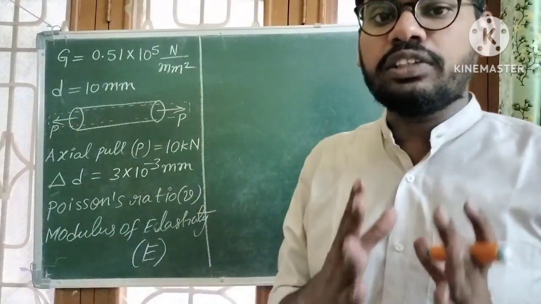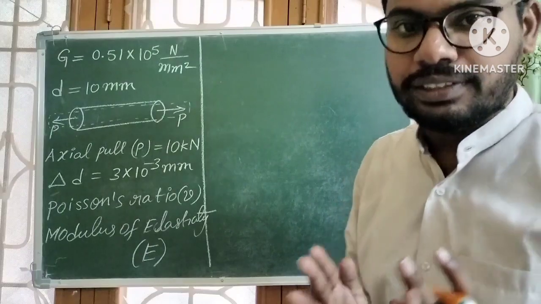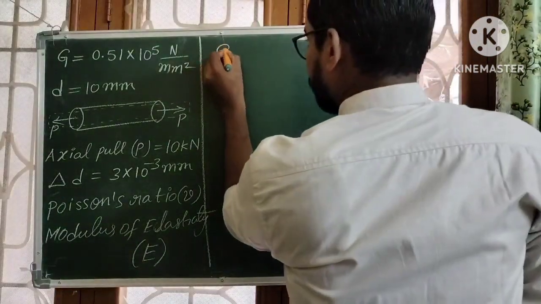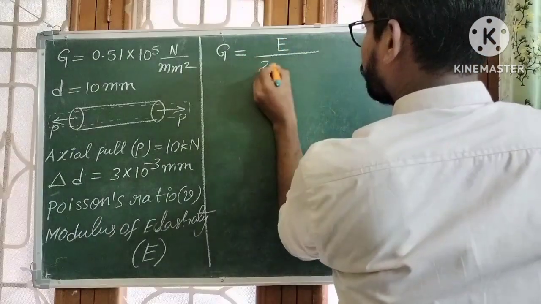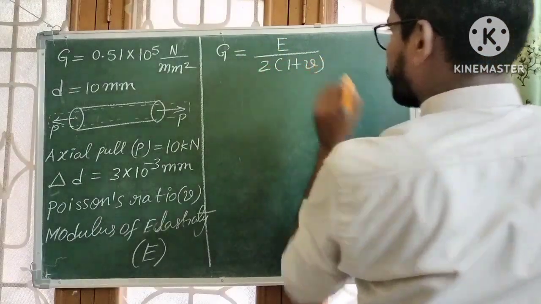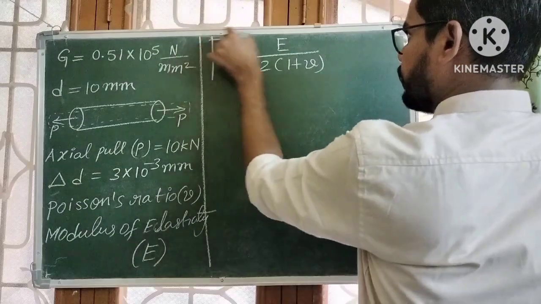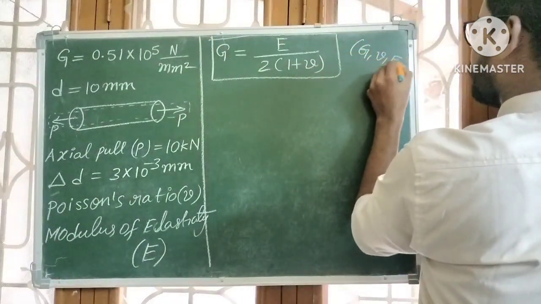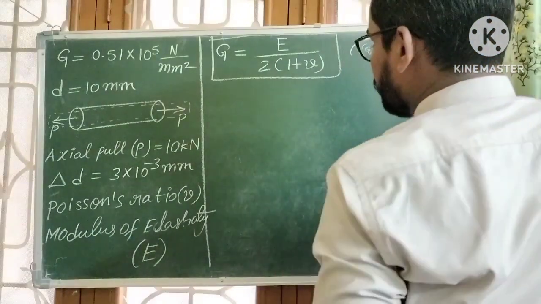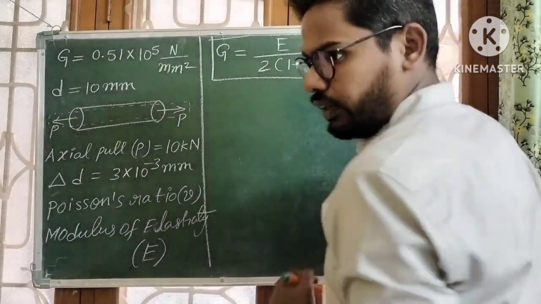In elastic constants, G is equal to E by 2 into 1 plus mu. This is the relationship between G, E and nu.